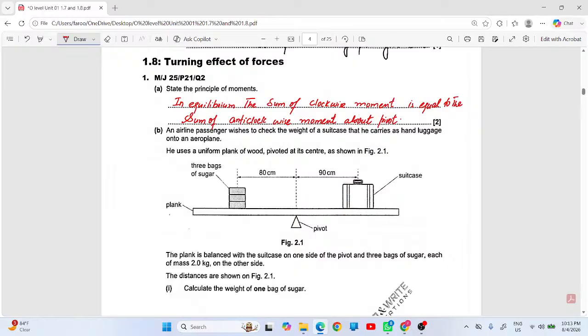Sum of clockwise moment equals sum of anti-clockwise moment about pivot.